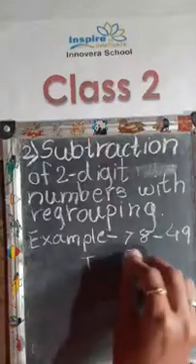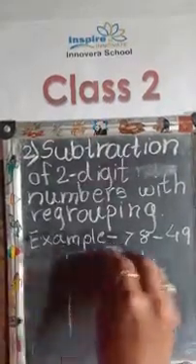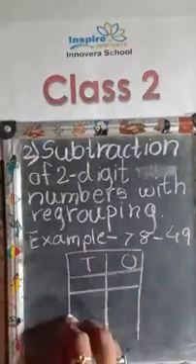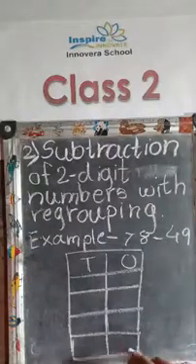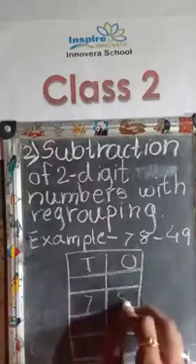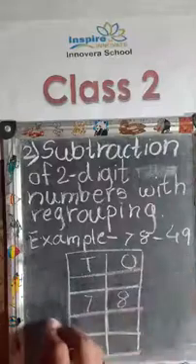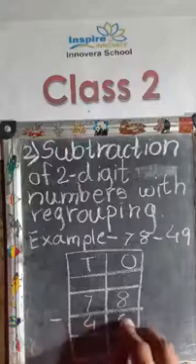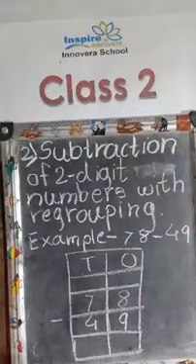You have to write like this. Ready? Now first we will write the number 78 in the tens and ones columns. Then the next number is minus 49.